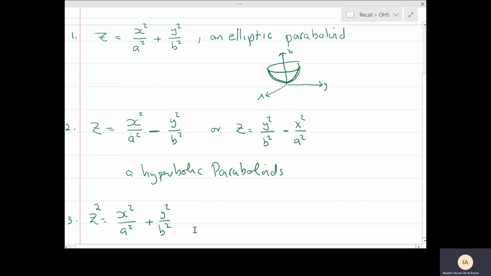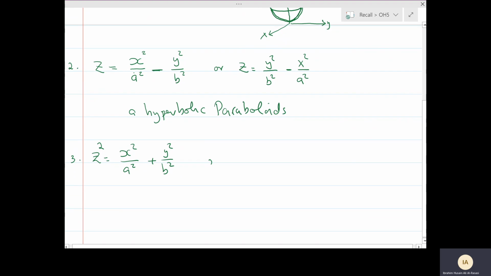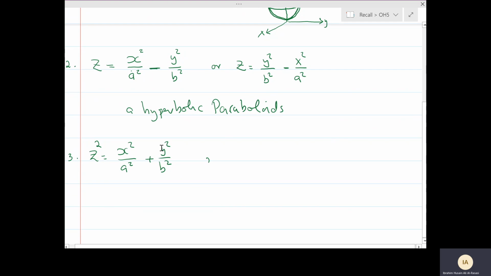What is the graph? Check the traces. If z is a constant, the trace is x squared over a squared plus y squared over b squared equals a constant, so it will be an ellipse.